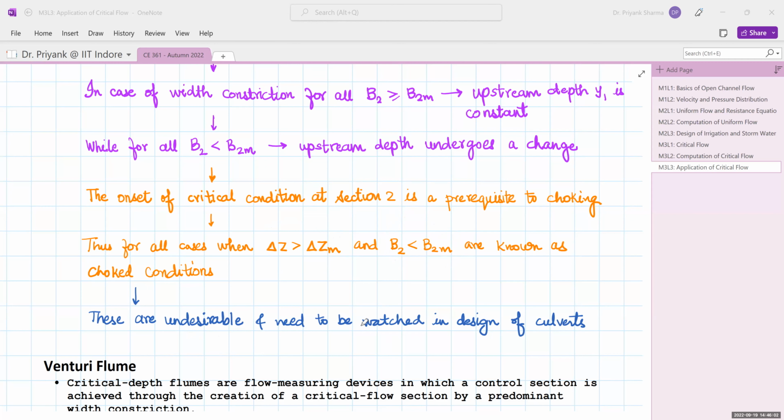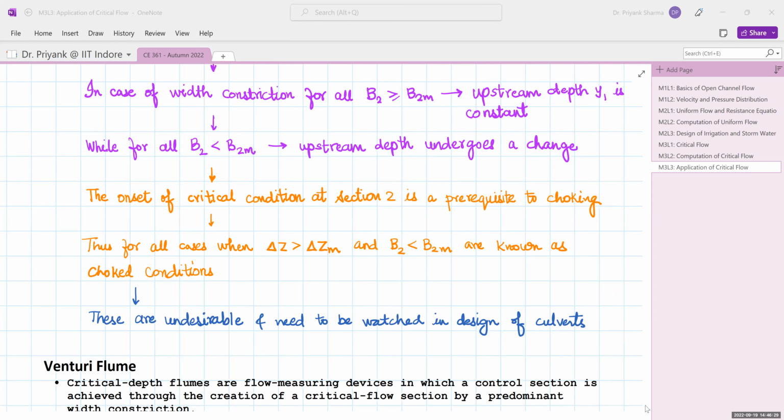What happens is that the natural river way is constricted, so that water passes through the culvert, for economy reasons, so we just constrict the width. And if the river bed is uneven, then to make that culvert section prismatic, you construct it in such a way that you raise the floor also. In that case, the application of the choking condition is very essential.